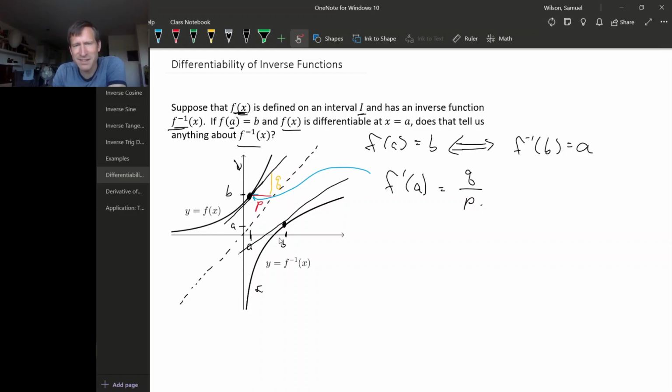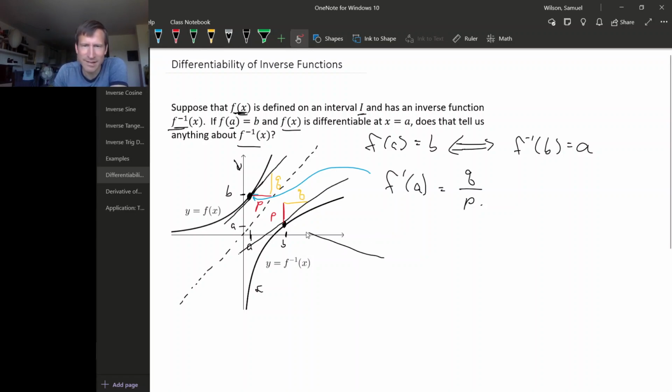But when we reflect this all across the line y equals x to get the graph of the inverse function, these line segments p and q also get reflected. But since we're reflecting over this diagonal line, p, which starts out horizontal, actually ends up vertical. And q, which starts out vertical, ends up horizontal, like this.